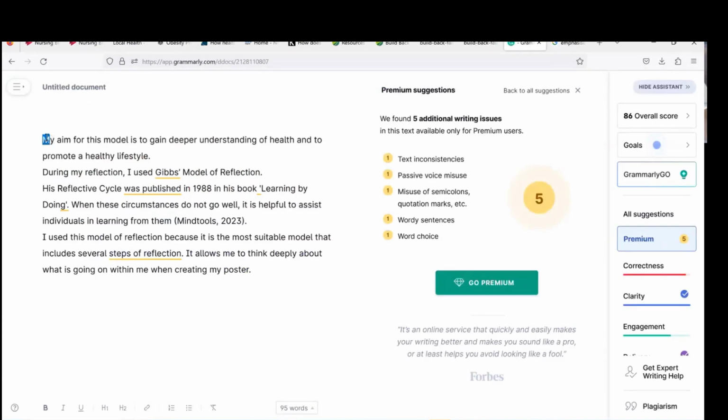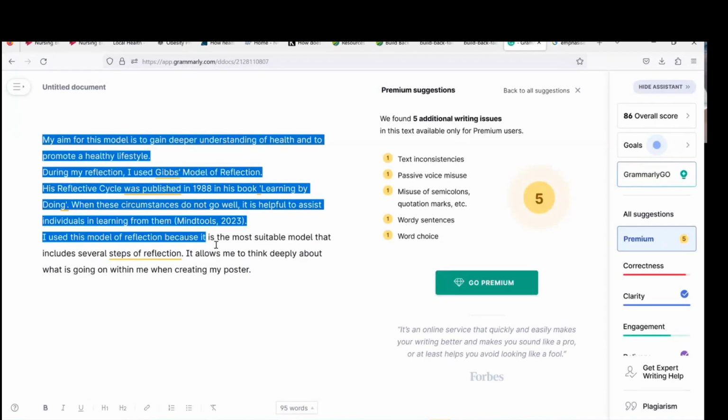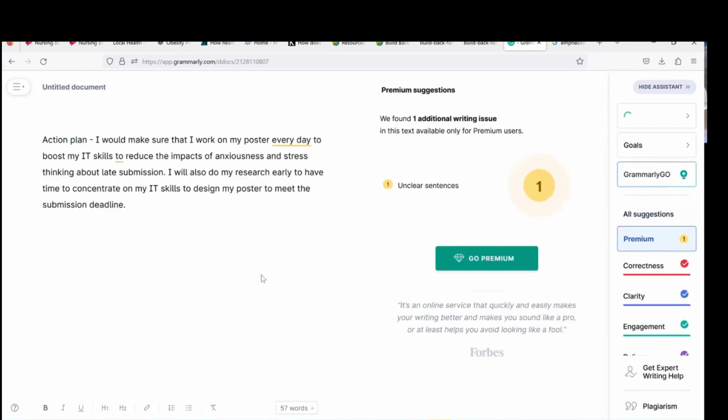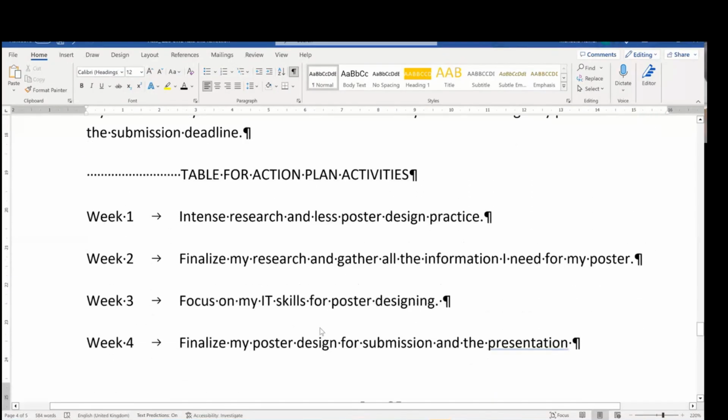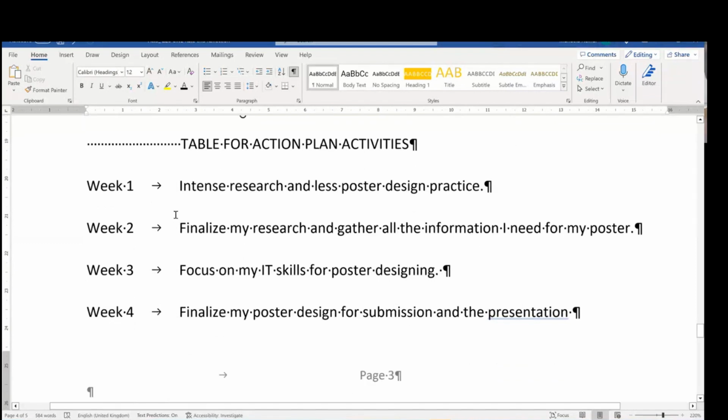So let's put that there. So this looks okay. Table for action plan activities, so that's quite good. Intense research, finalize.